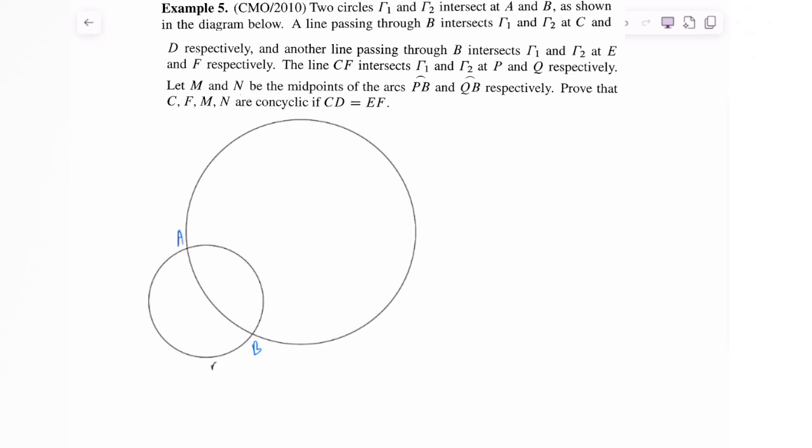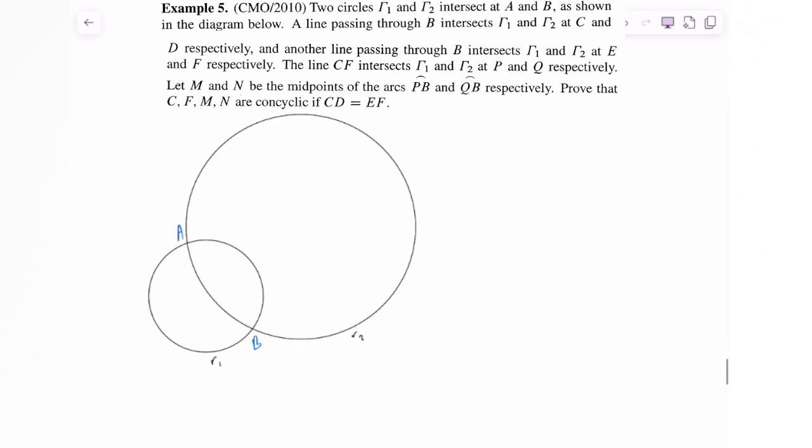First of all, let's name this R1, R2. So a line passing through B intersects at C and D respectively. Another line passing through B intersects these two at E and F respectively. So it can be something like this.